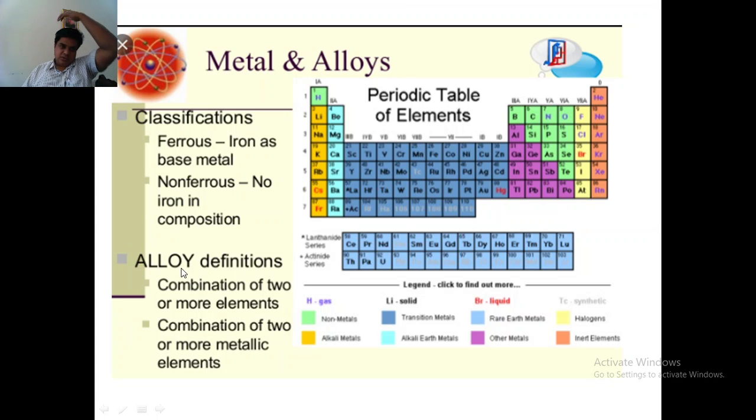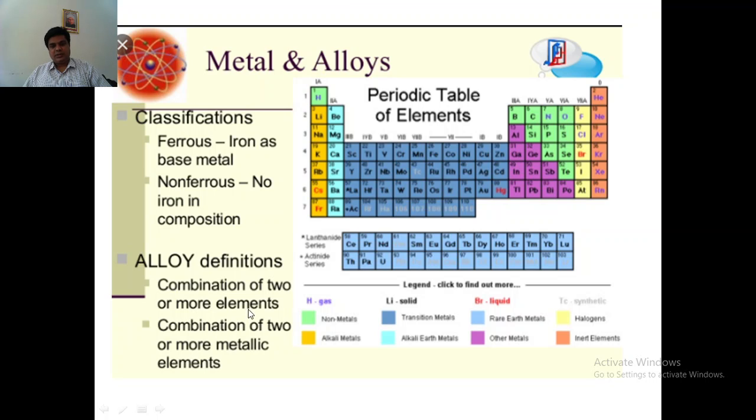And alloy, I told you that metals are pure forms of elements present in nature. Among ferrous metals we have iron, chromium, cobalt, nickel. All these are basically metals, which are the elements in the periodic table. If to these metals you add or combine some other materials, it is called an alloy.